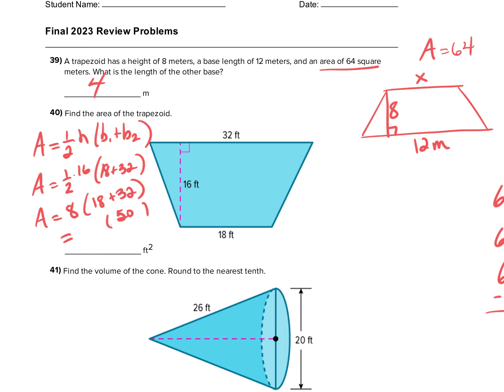And then I could have taken half of 16 to get 8. So in this case, I'm not compromising my values in any way, shape, or form. So 8 times 50 is 2,500. So that would be the area of my trapezoid.